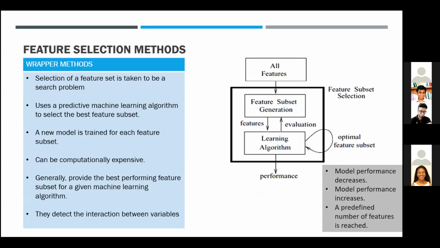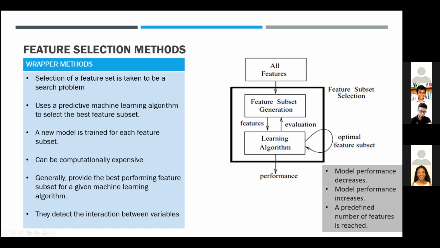For highly nonlinear relationships, filter methods are well known to be not very good predictors of a correlation between your X value and your Y value. So the wrapper methods are an approach that we can use to resolve this.